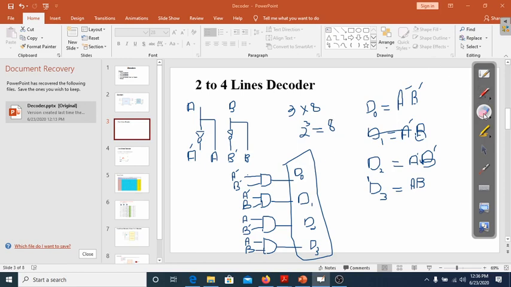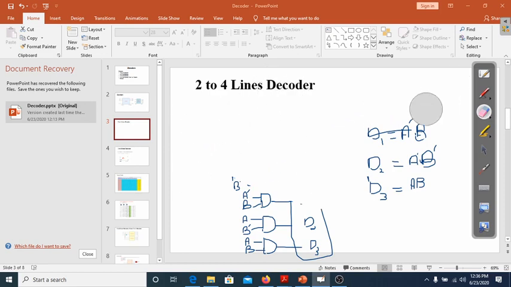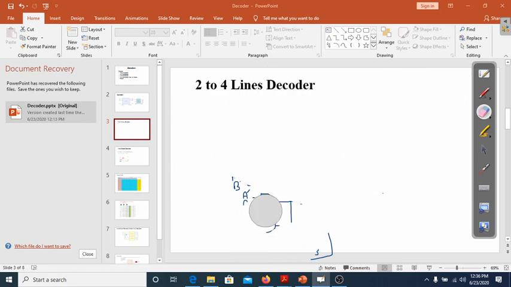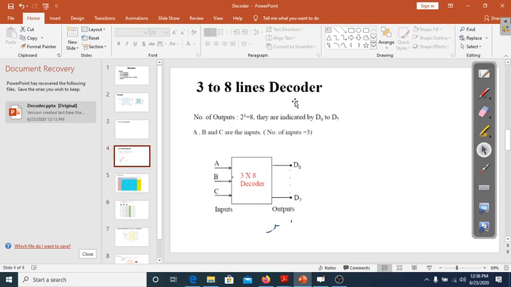So now let us talk about 3 to 8 line decoders. The outputs are 8, indicated from D0 to D7.